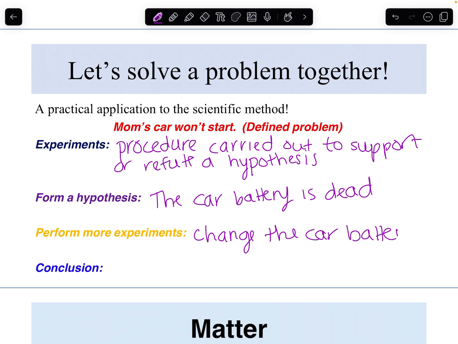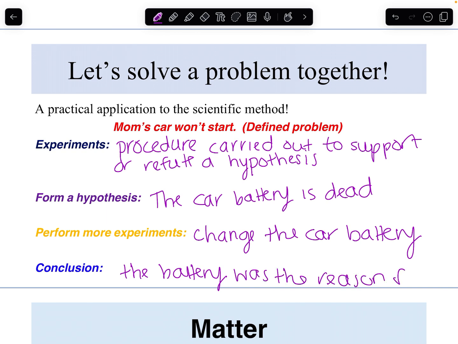Many options here. And my conclusion was, let's say after changing the battery, the car started. We would then say the conclusion was the battery was the reason for the car not starting. So pretty easy. Okay, so that's an application of using the scientific method in an everyday problem.